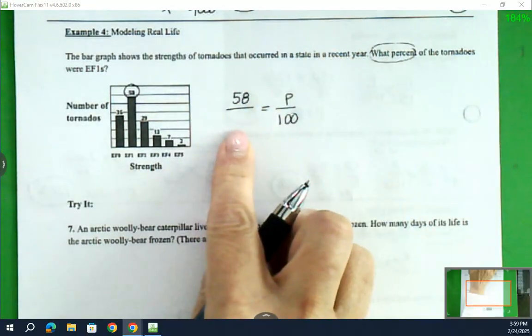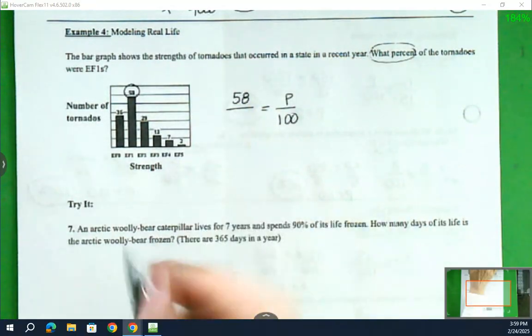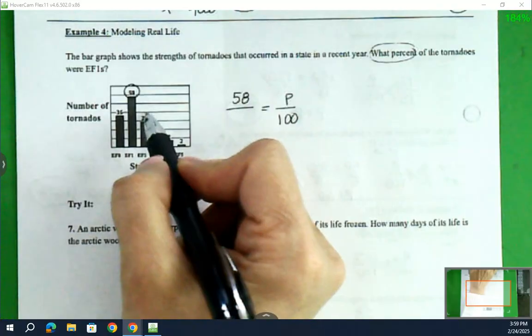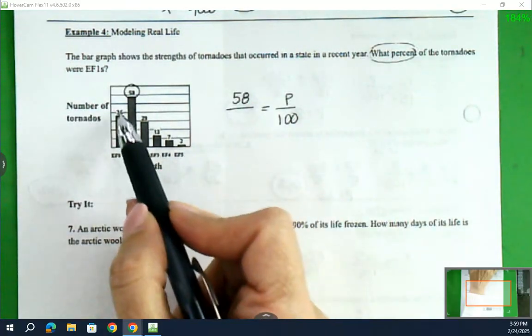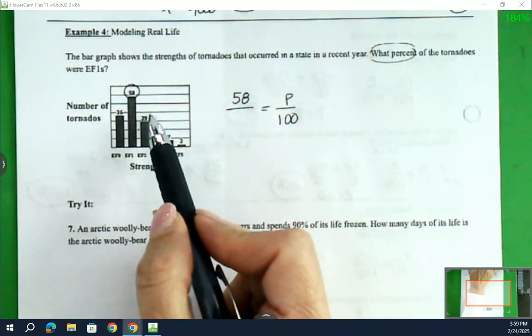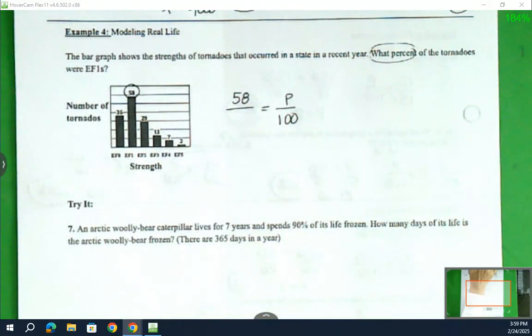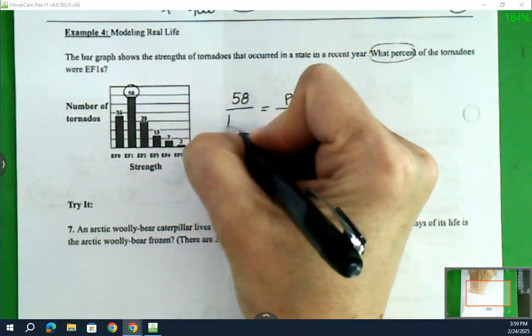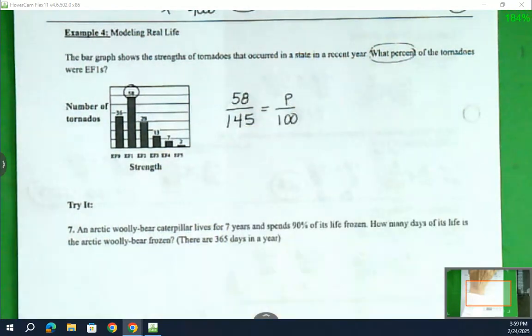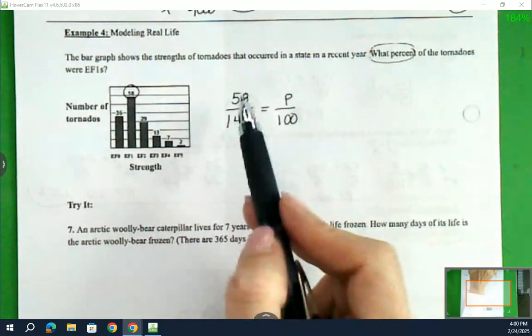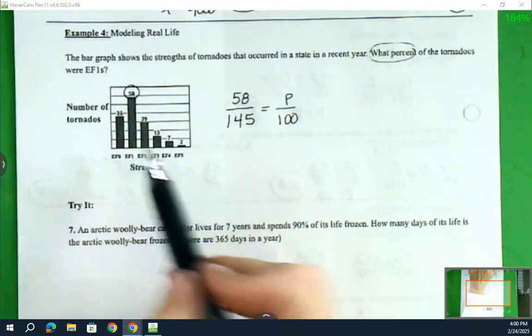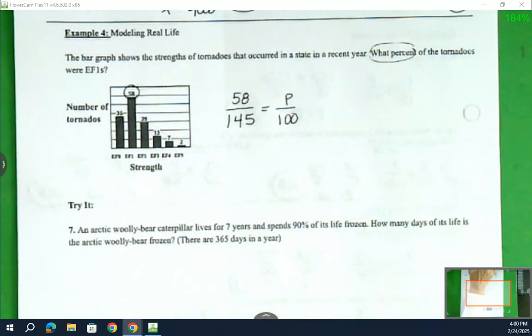So we need to get our total. In order to get your total, we're going to have to add up all of these numbers. So we have 36 plus 58 plus 29 plus 13 plus 7 plus 2. And if you add them all up, we get 145. And then we're ready to figure out what percentage the 58 of EF1s is out of the entire group.